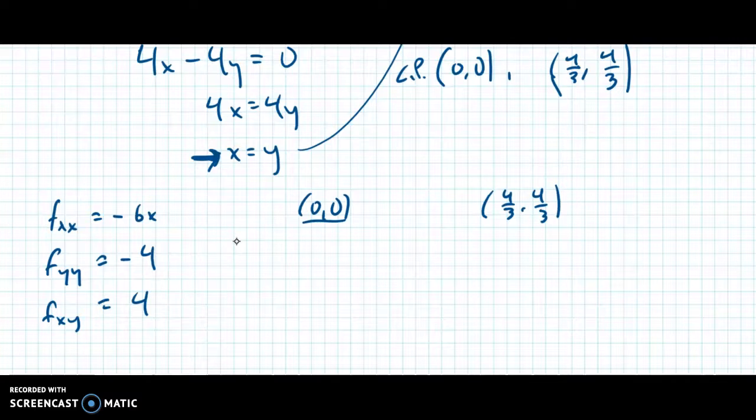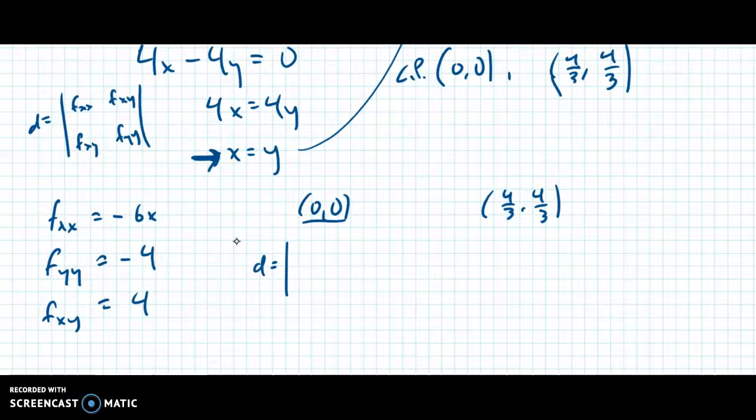At (0, 0), remember D is equal to f_xx f_yy minus f_xy squared, so I use the vertical bars. f_xx at (0, 0) is just 0. f_xy is 4, and I get another 4 here.